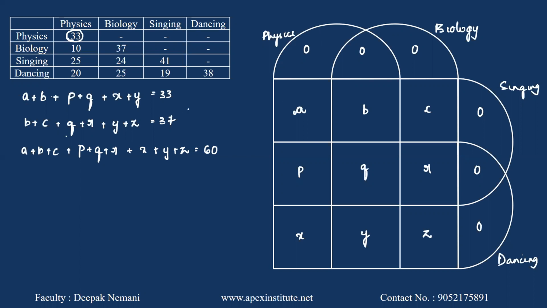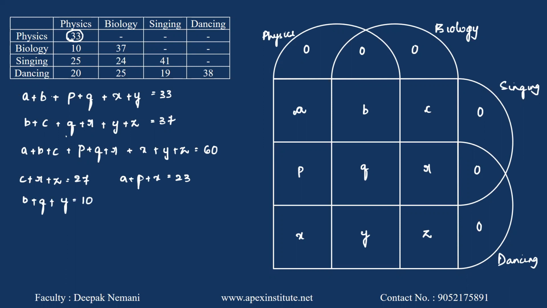So from this, I can say that C plus R plus Z will be equal to 60 minus 33, which is 27, and A plus P plus X will be equal to 60 minus 37, which is 23, and B plus Q plus Y is equal to 10.